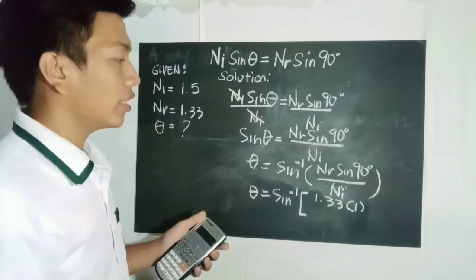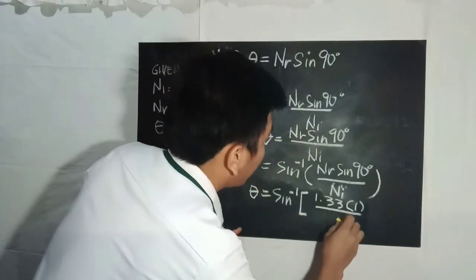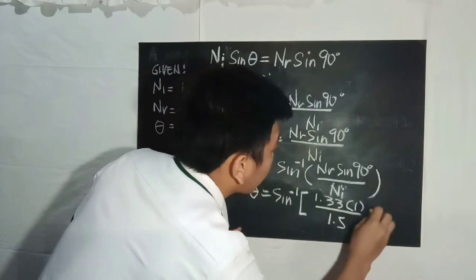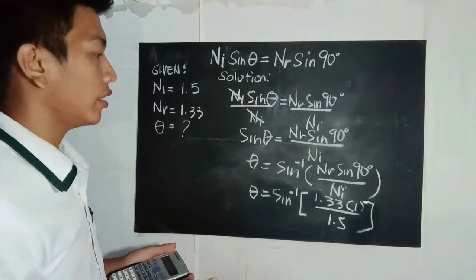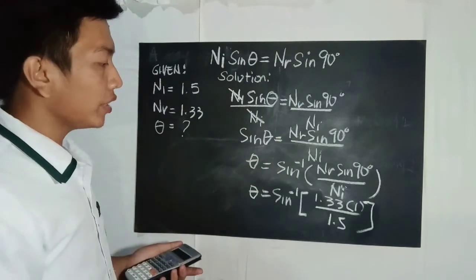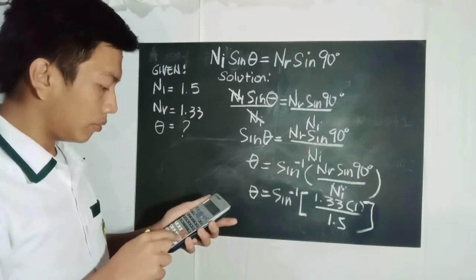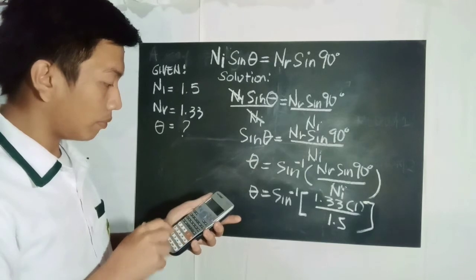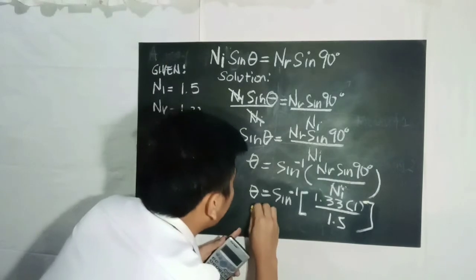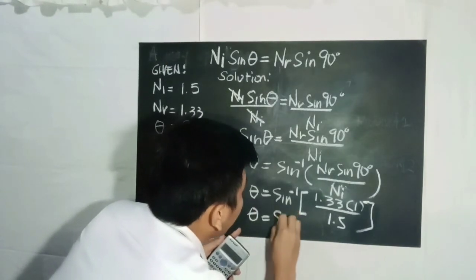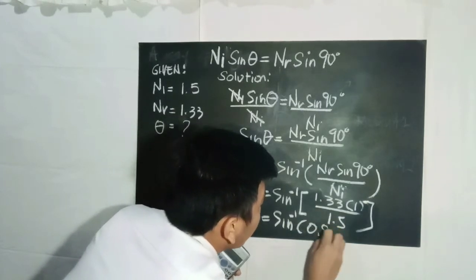So sine 90 degrees is 1, over the index of incidence, 1.5. So 1.33 times 1 is 1.33, and 1.33 divided by 1.5 is 0.8867. So theta is equal to sine raised to negative 1 times 0.8867.